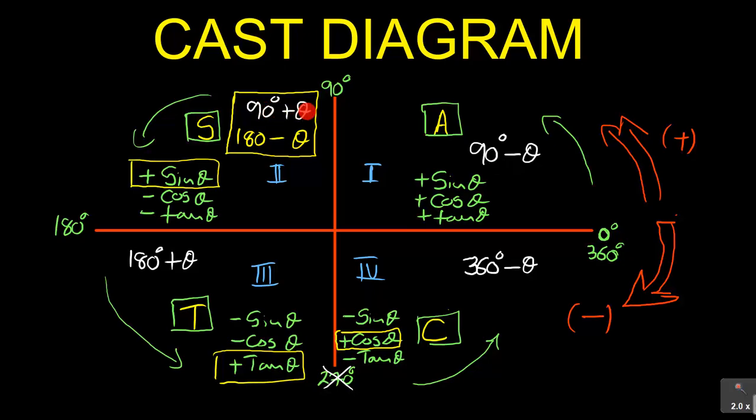After 90, you have got 90 plus theta and 180 minus theta. Why is it 180 minus theta? Because you have not passed 180. So it's 180 minus, but it's 90 plus because it's after 90. And then in the third quadrant, it is 180 plus because you've just passed 180. I said avoid working with 270.